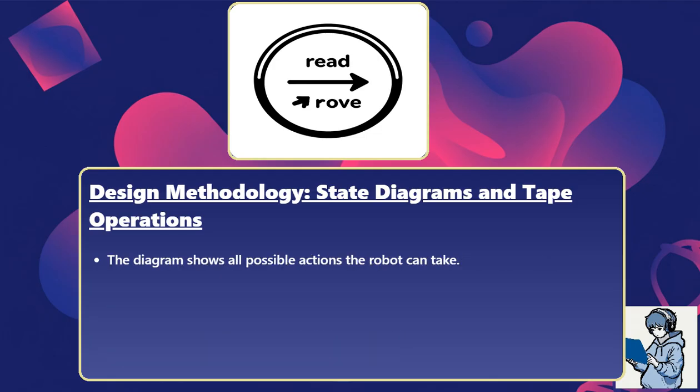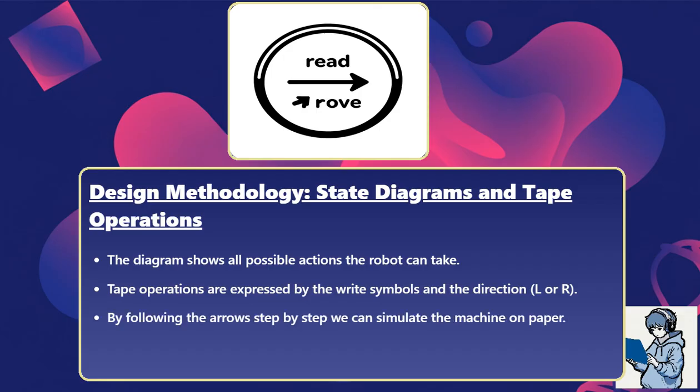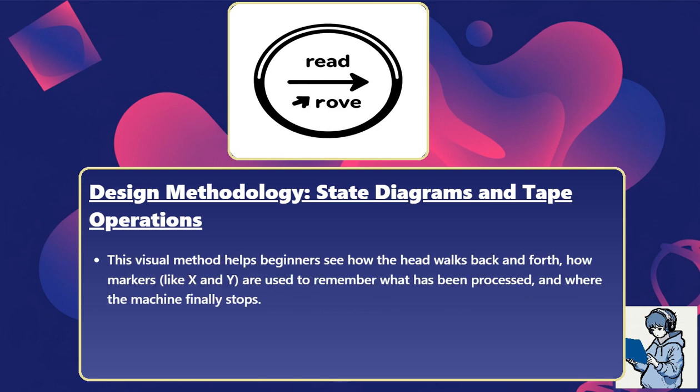The diagram shows all possible actions the robot can take. Tape operations are expressed by the written symbols and the direction L or R. By following the arrows step by step, we can simulate the machine on paper. This visual method helps beginners see how the head walks back and forth, how markers like X and Y are used to remember what has been processed, and where the machine finally stops.